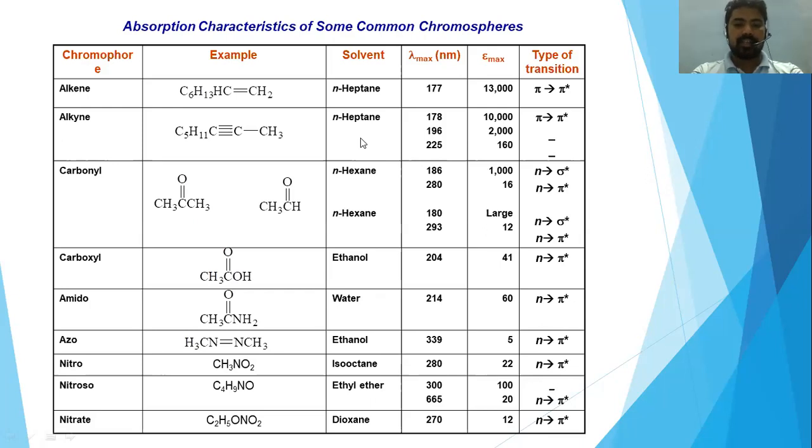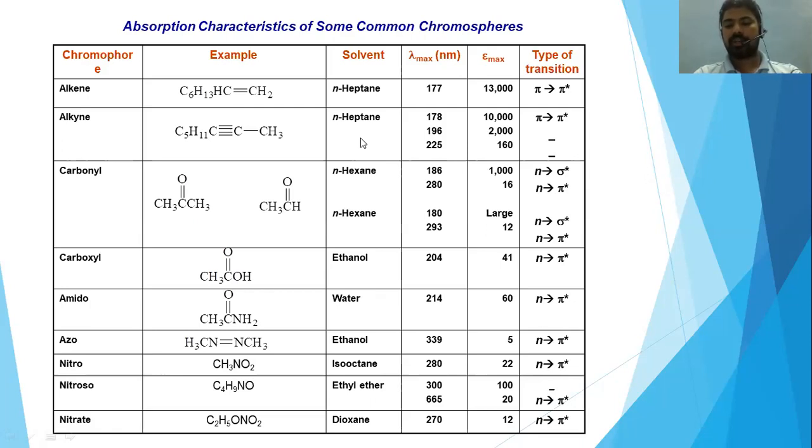Right, even for the aldehyde case, there are two kinds of electron transitions possible. Even pi to pi star electron transitions are possible, but here we are discussing only the promotion of the lone pair electron present in the non-bonding molecular orbital to its corresponding anti-bonding molecular orbital.